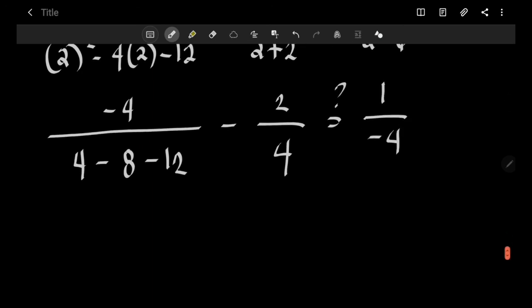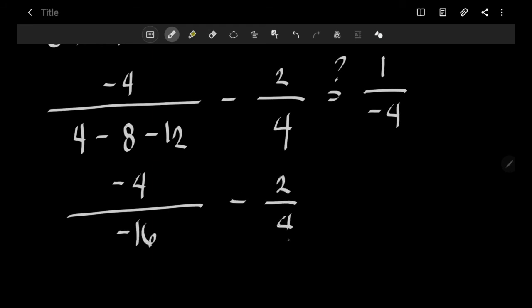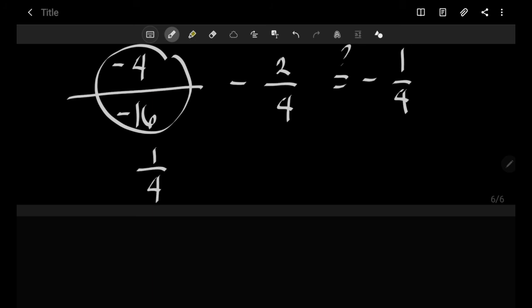Okay, let us see. So, we have negative 4 all over 4 minus 8 minus 12, that is negative 16, minus 2 all over 4. Is it equal to negative 1/4? So, 1 all over negative 4 is also equal to negative 1/4. Now, negative 4 all over negative 16 is also equal to positive 1 all over 4.